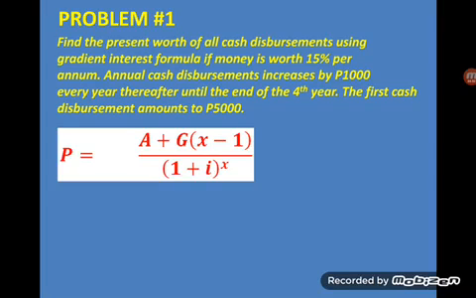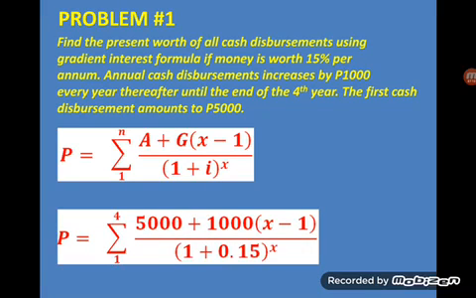Okay, recall our formula. For any cash flow at the end of any period, we have this formula in the numerator. To calculate its present worth, we divide it by this factor, and then we calculate the summation of that to get the present worth of all of these cash flows. Now, here is our value.